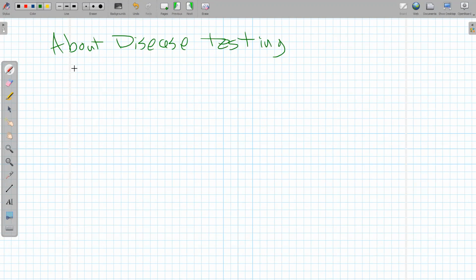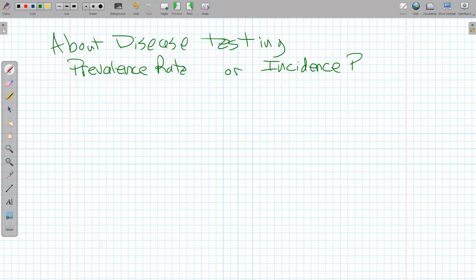They'll either talk about the prevalence rates, or sometimes they're going to talk about the incidence rate, and those are easily confused. I have to look it up to double check I know what I'm talking about every time I discuss this with people.